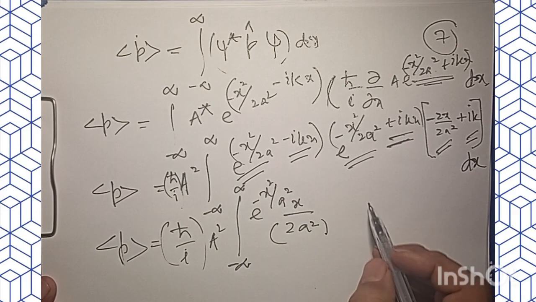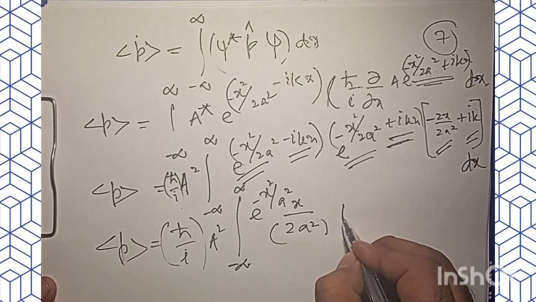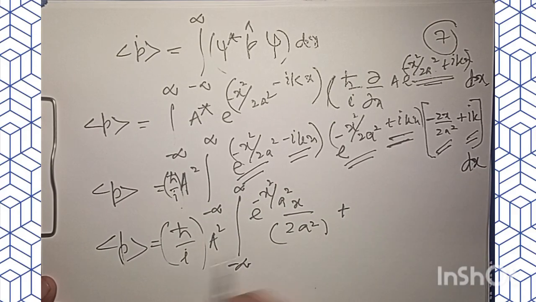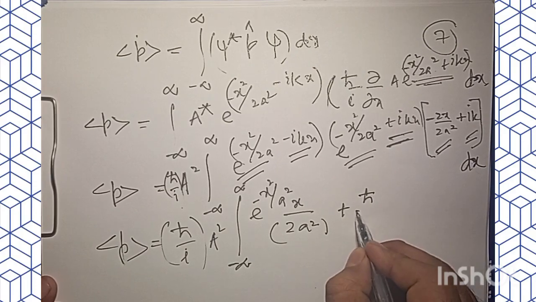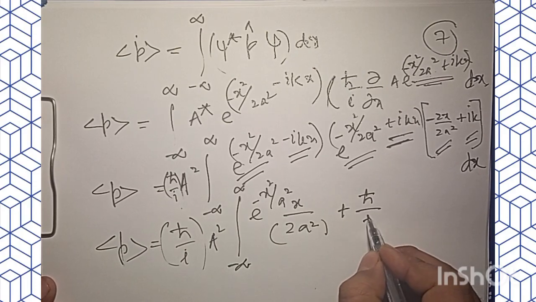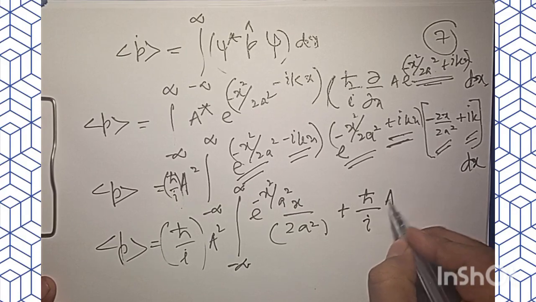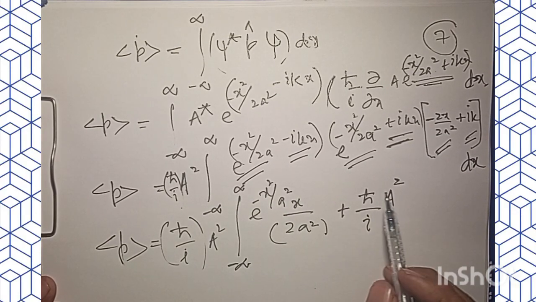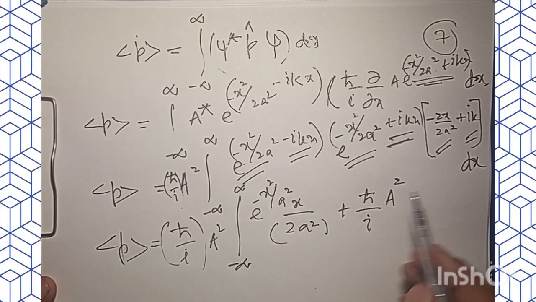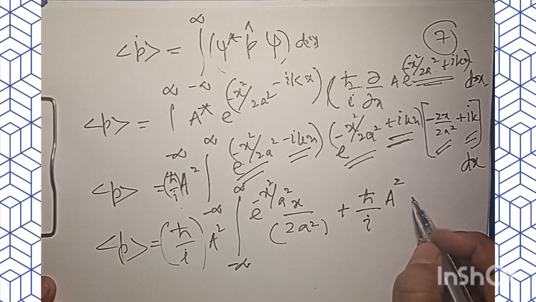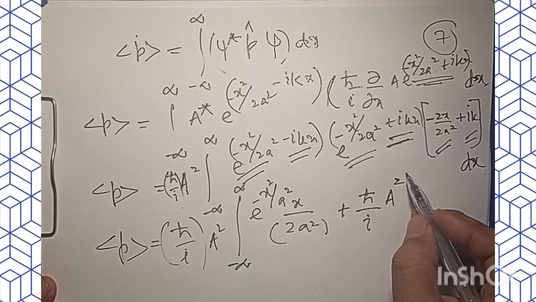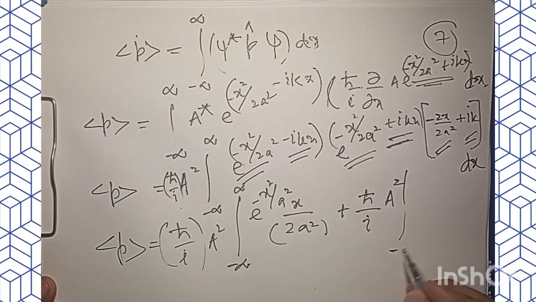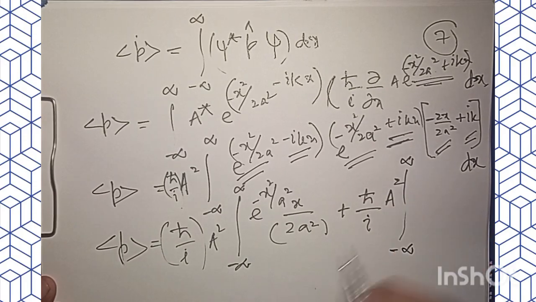And for the next one, what I'll have is plus. I would like to multiply this because this is h cross by I, and I will have a square here. And I will have the integral from minus infinity to infinity.